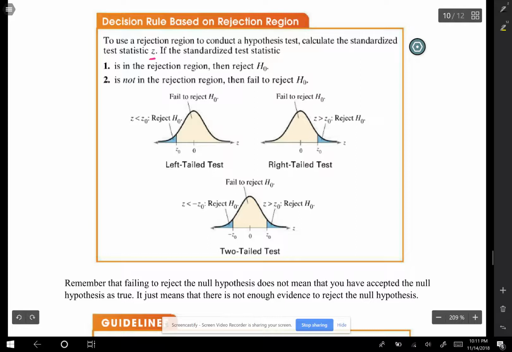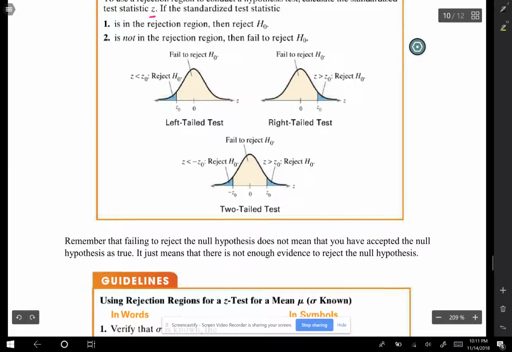If it's not in the rejection region, we're not rejecting, so we're failing to reject. If z is less than z sub 0, then this area represents that we're rejecting it, and this area represents when we fail to reject it. And they do that for the left-tailed, right-tailed, and two-tailed.